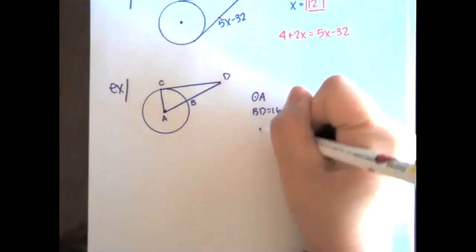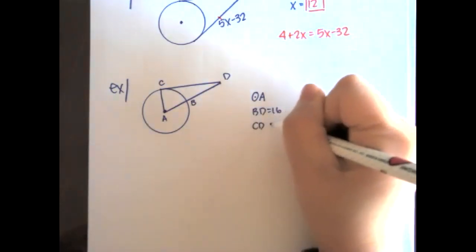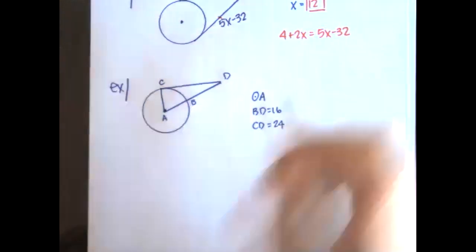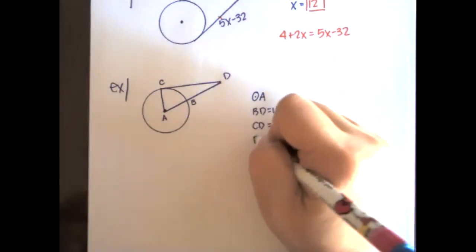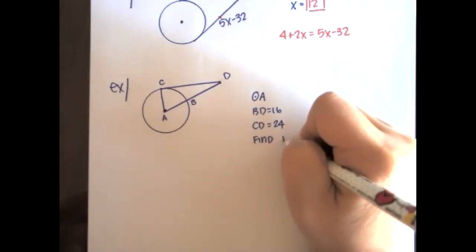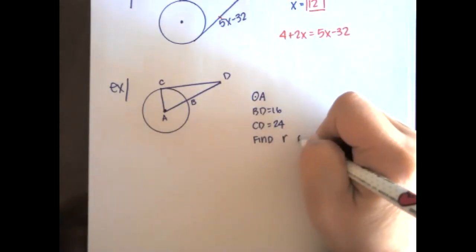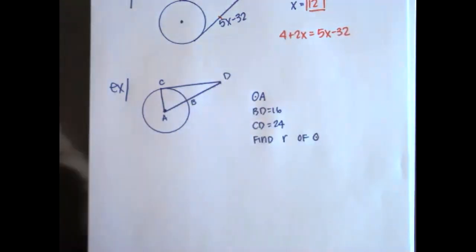BD is 16. CD is 24. Find the radius of the circle.